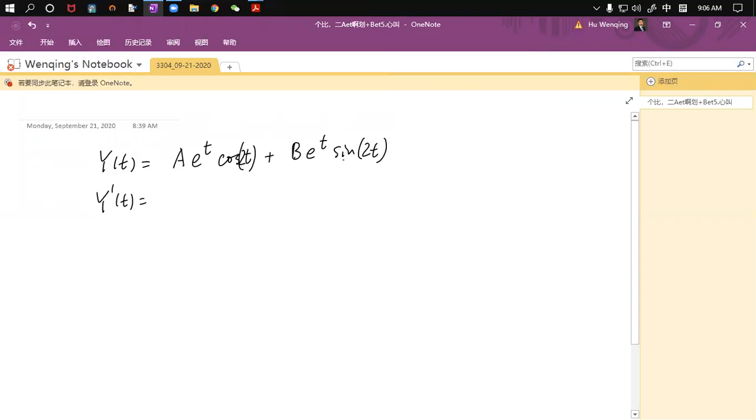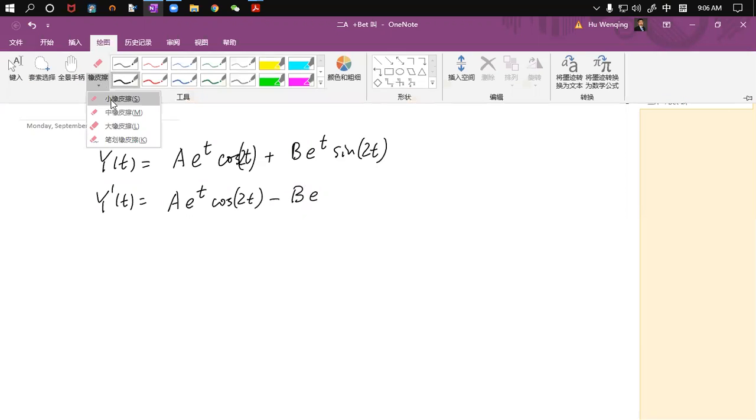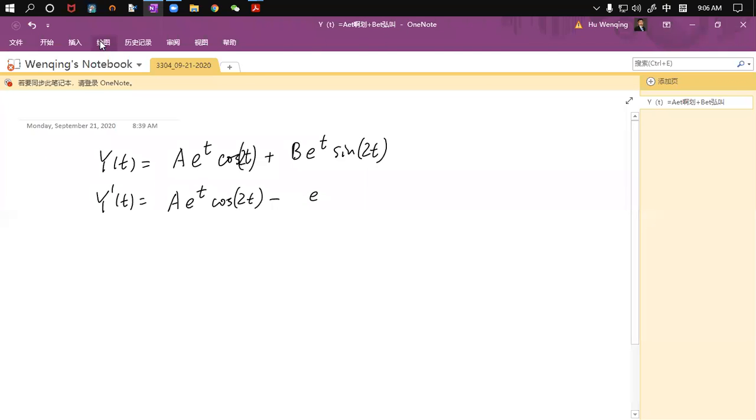So it's a product rule. You should take a derivative with respect to this product rule. So that's a e power t cosine of 2t, and then minus b e power t, so this is still a, right? So minus the a e power t. The cosine 2t derivative is sine 2t, but you have to multiply by 2.